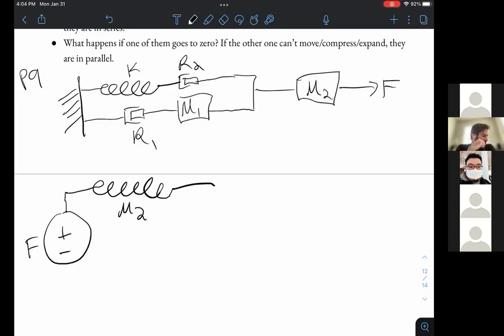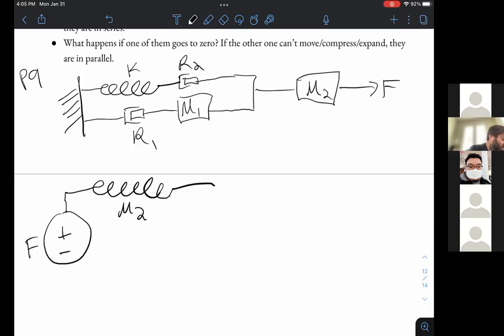All right, let's figure out some more stuff here. I want to know about M1. If I nail M1 to the page, is there anything that can still move besides M2?